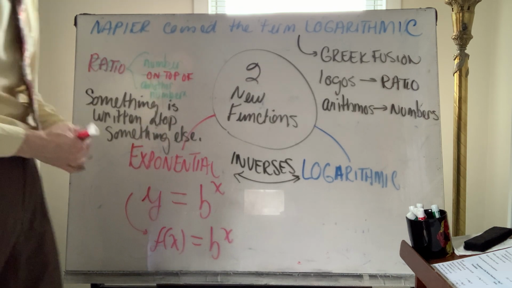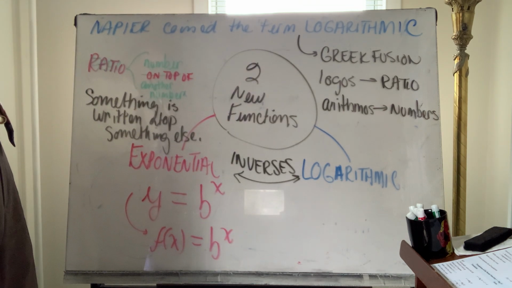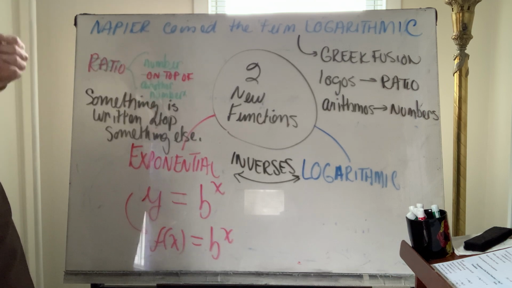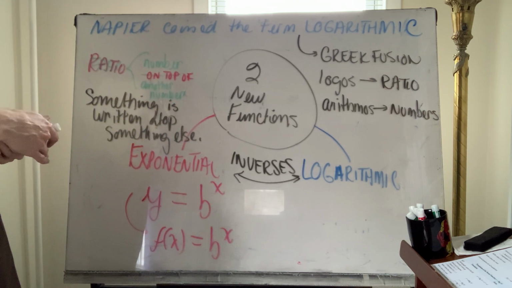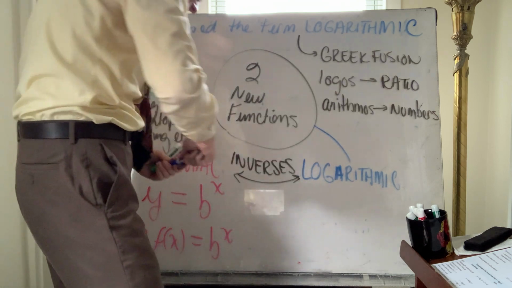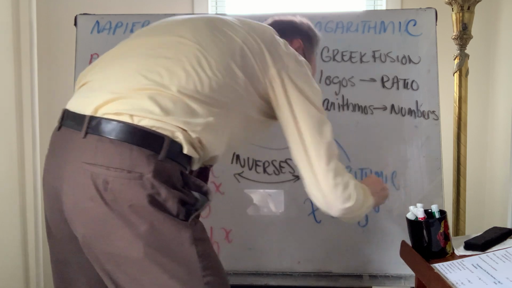Being that logarithms are an inverse of exponential functions, that shifts the position of the x's and the y's, essentially. So what you would have, and you're not likely to see it, is that this would be x to the base of y.